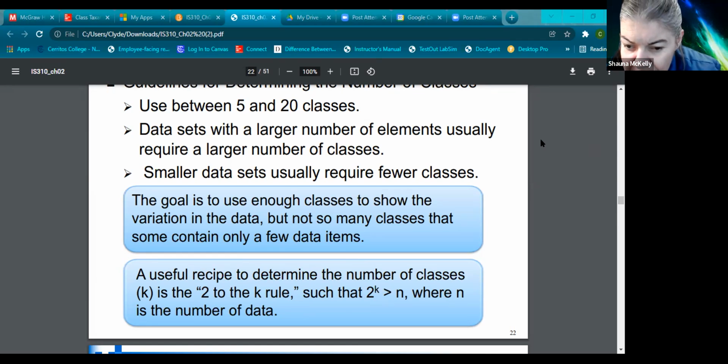This is usually not something that we consider. But here they're saying what you can do to figure out what K should be, how many classes we want, is figure out how many data you have, okay?